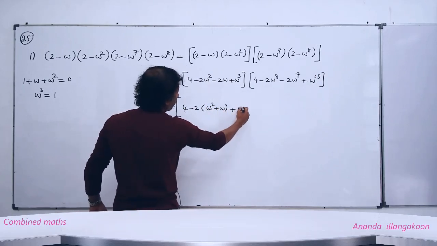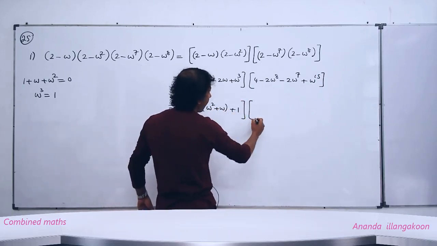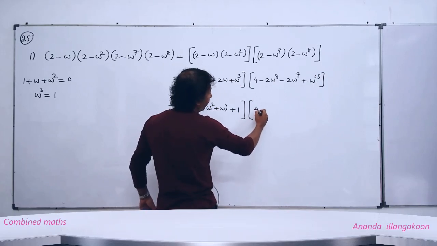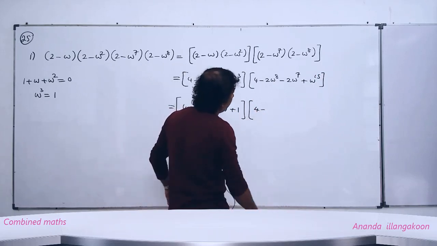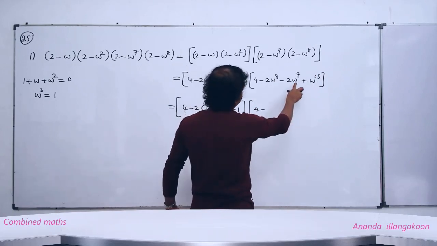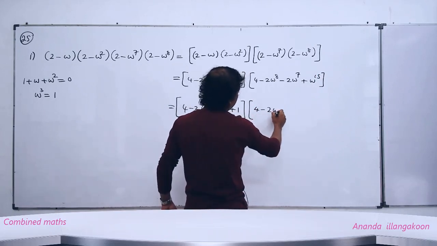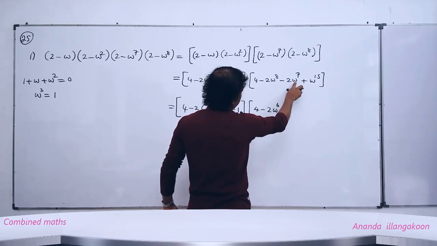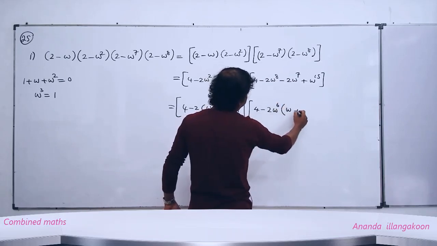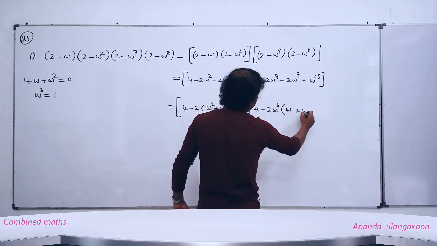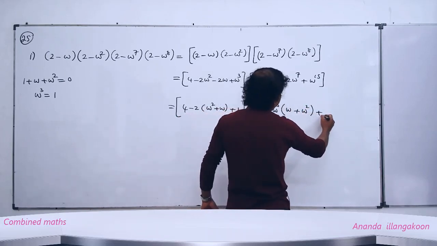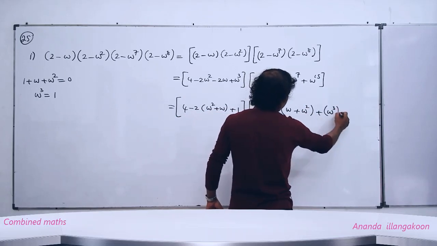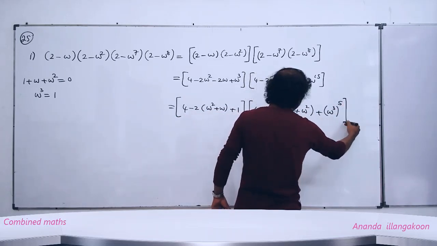Omega cube is 1. Here 4. Take minus 2 omega 6 out; then here we get omega and omega squared. And omega 15 we can write as omega to the power 3 to the power 5.